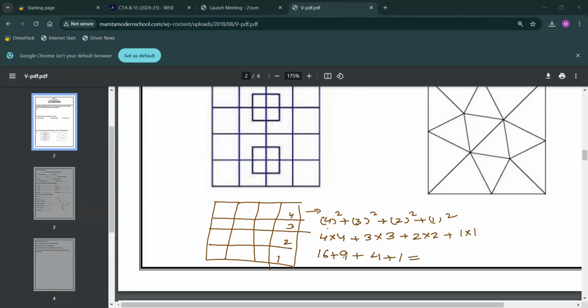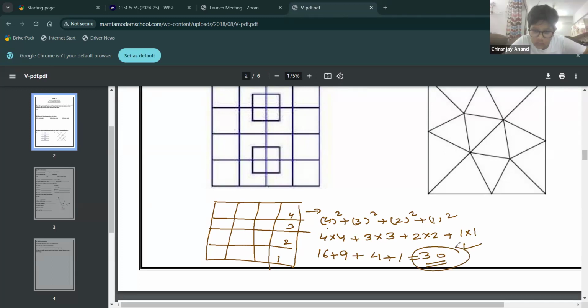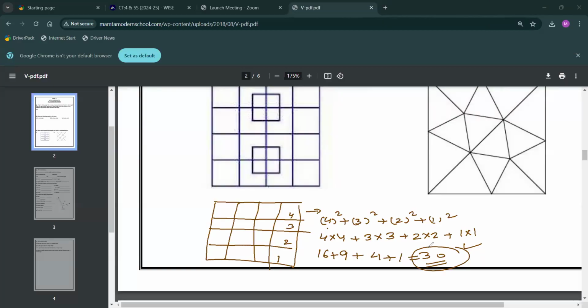Now add: 16 plus 9 plus 4 plus 1, it will be 30. Have you understood this trick, beta? How you will count the number of squares? Yes, ma'am. In the border of the square, we should take the number and from that number only we should multiply. 1, 2, 3, 4.